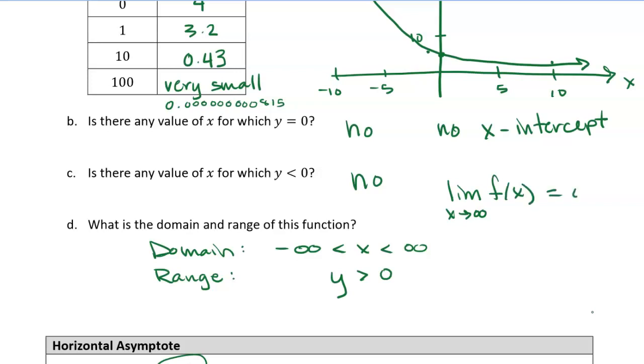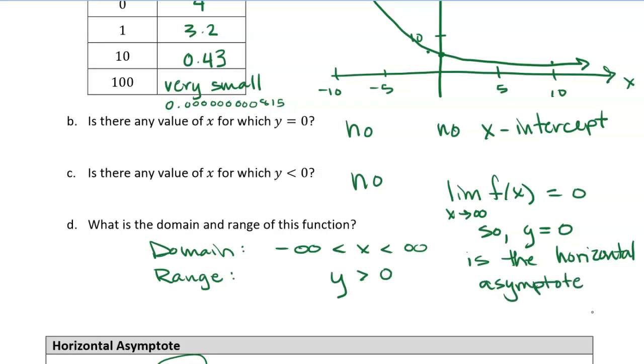It's equal to 0. It approaches 0. It gets smaller and smaller, but it never gets there. So y equals 0 is the horizontal asymptote of this function.